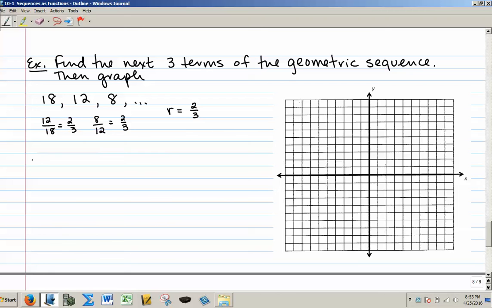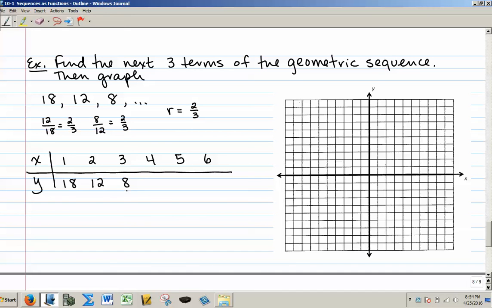So let's go ahead and make our table of values again. Recall that my x's are going to be the positions of the numbers. So my first term is 18, my second term is 12, my third term is 8, and I need 3 more terms. So to get each successive term, I multiplied by the common ratio of 2/3.